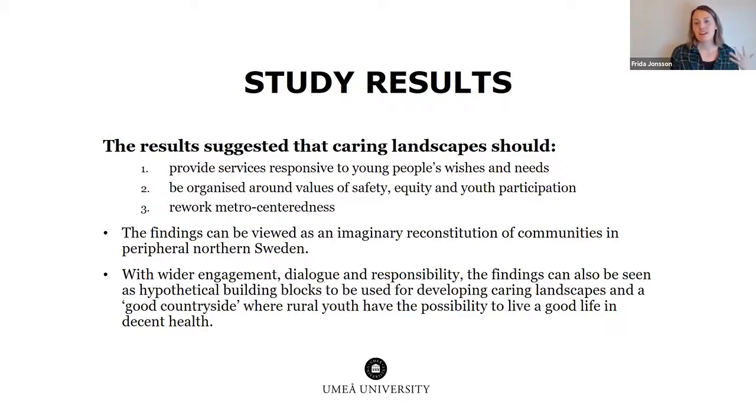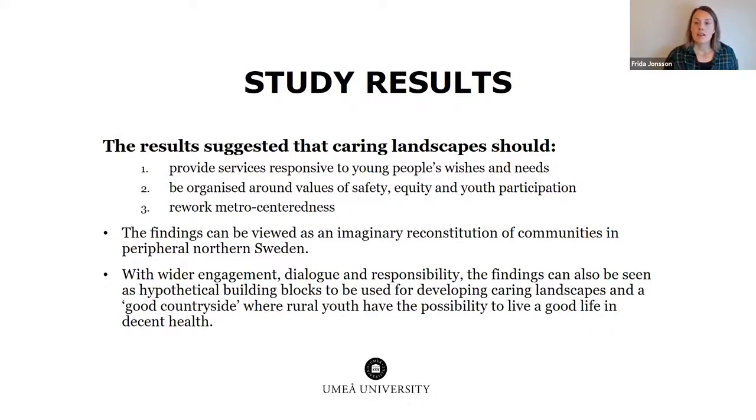The findings were discussed through 3 conceptual areas, which indicated that caring landscapes should provide services related to healthcare, education, leisure activities, housing and employment, for example, in a sustainable and coordinated way to ensure that they are responsive to young people's both wishes and needs.